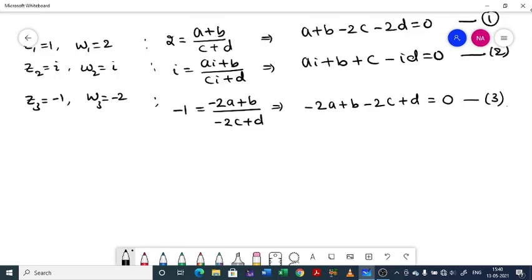Okay, I committed a mistake here, right? Z3 is minus 1, W3 is minus 2. So this is minus 2, yes, that is the mistake. And this is minus A, correct.